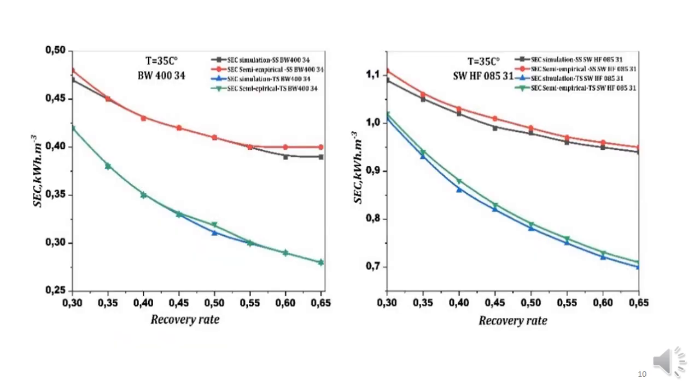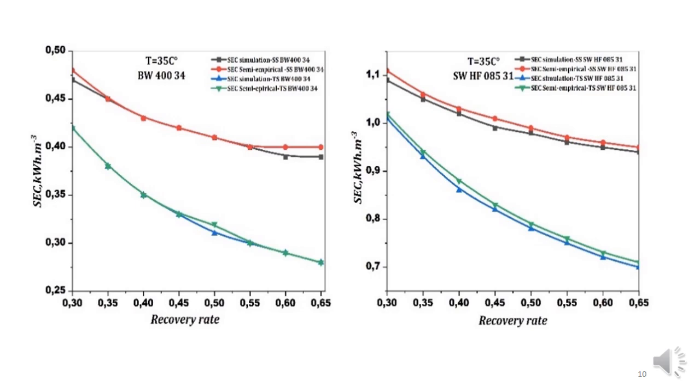From this figure, notably temperature variability impacts the variation in specific energy consumption for the semi-empirical model, a dynamic observed in both single-stage and two-stage units. Further, what is truly remarkable is the consistent superiority of the semi-empirical model over the simulated model across every curve depicted in this figure.